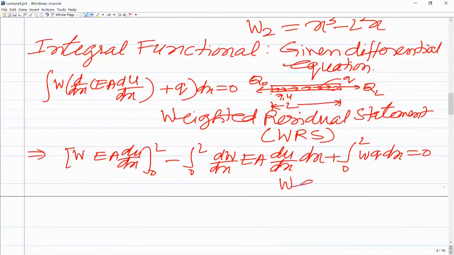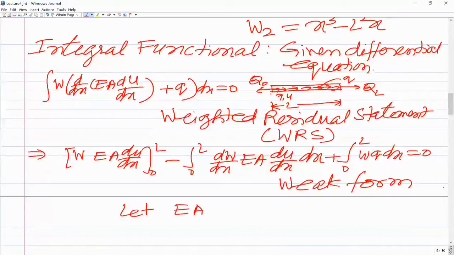We already know that this is the weak form of the given differential equation. Now, let us say that EA into du by dx at x equal to 0 is Q0. Du by dx is the strain. When you multiply by Young's modulus, it gives you stress.